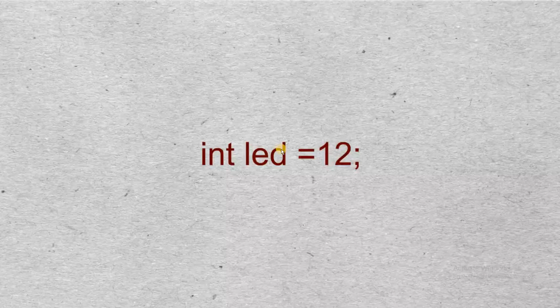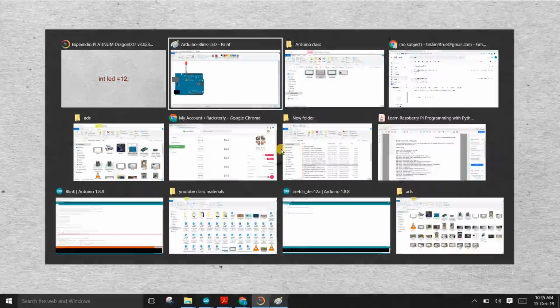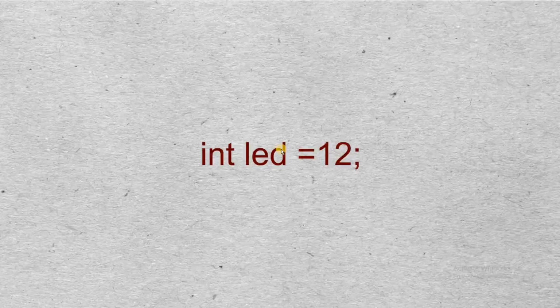You need a pin to be supplying high and low to the anode of the LED. The pin that you choose, we need to tell the microcontroller, and you will assign a name to it.